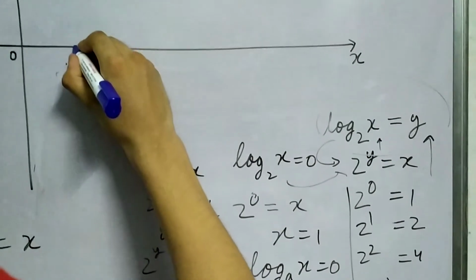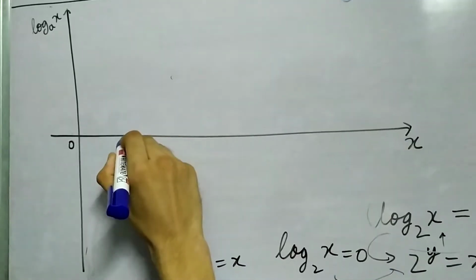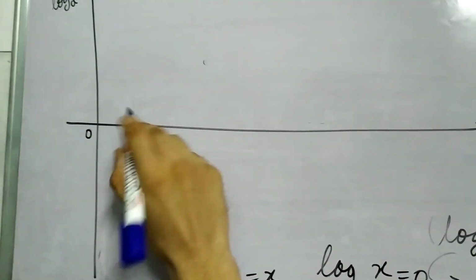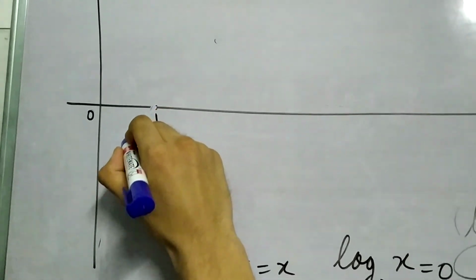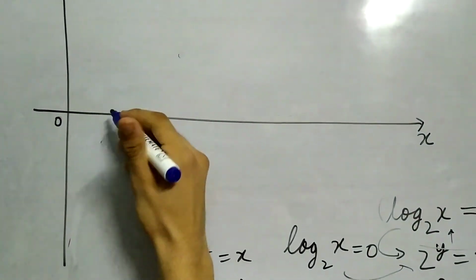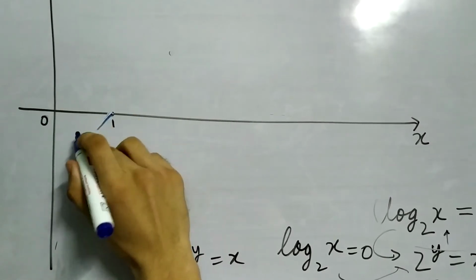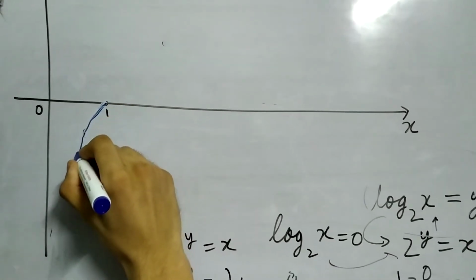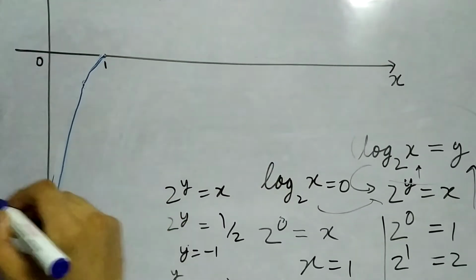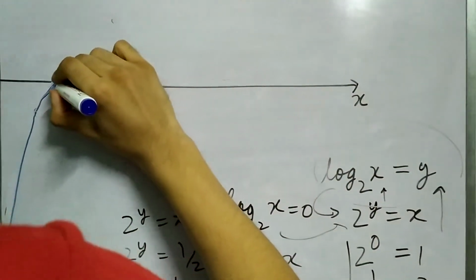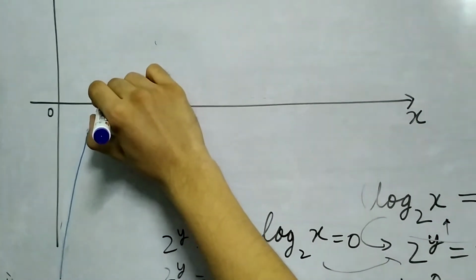This is 1, between 0 and 1 it looks something like this, and from 1 it starts to get in the first quadrant.